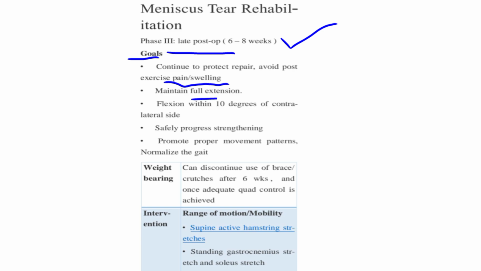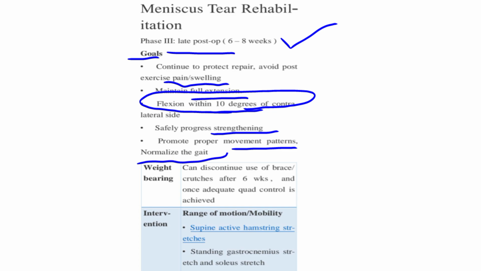Maintain full extension and flexion within 10 degrees of the contralateral side. Flexion range needs precaution.